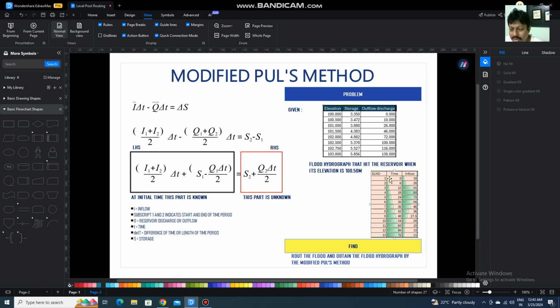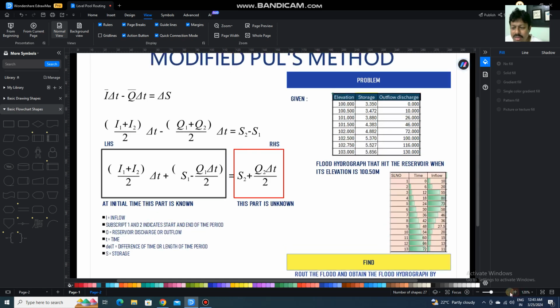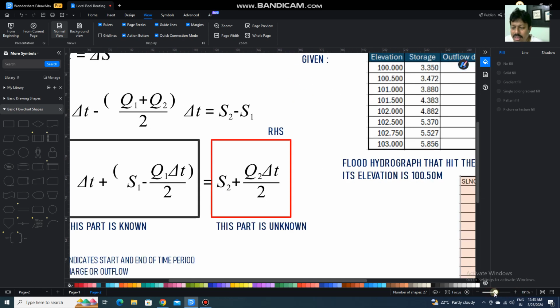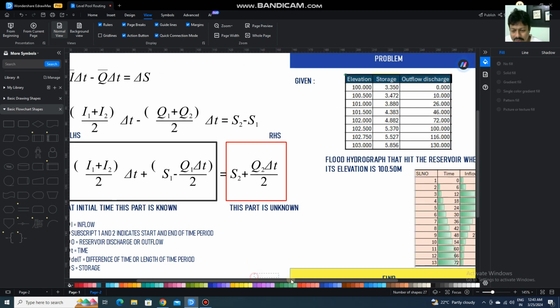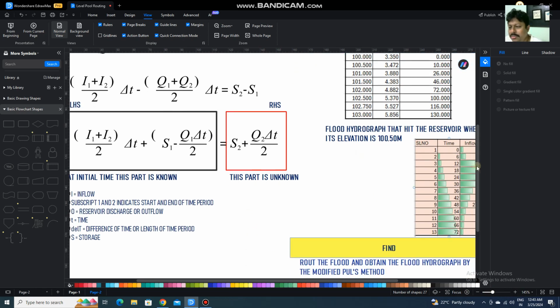Take this example. This is one of the good examples, I would say. You see, this is a flood coming into a reservoir which hits the reservoir at time 0.